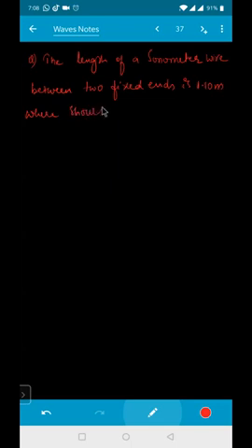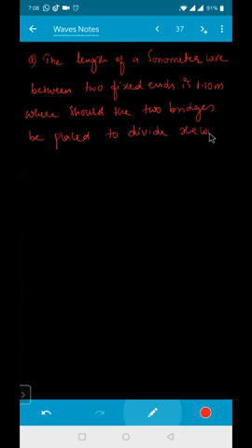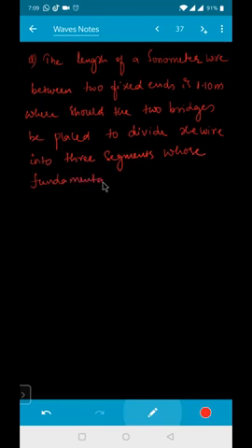Where should the two bridges be placed to divide the wire into three segments whose fundamental frequencies are in the ratio 1:2:3? I'll tell you what a sonometer is.